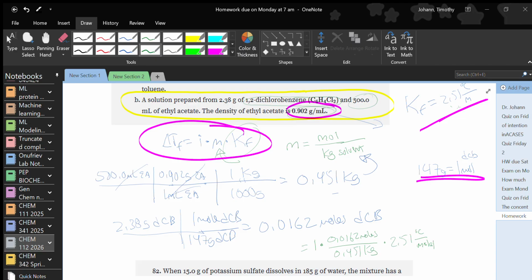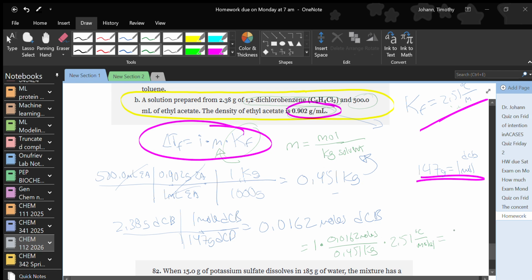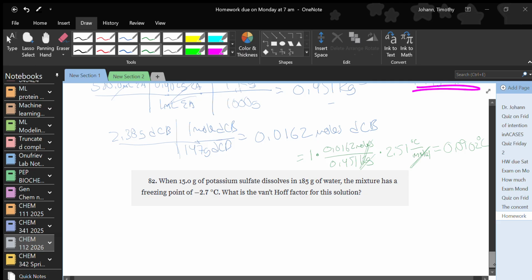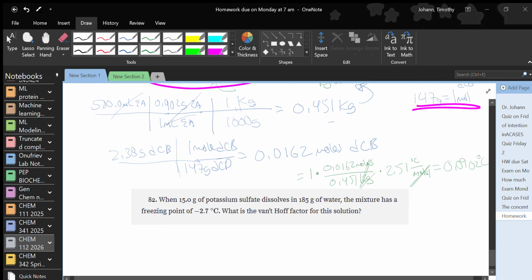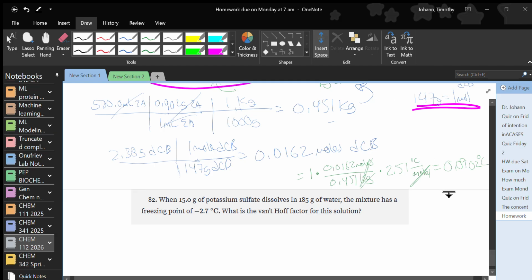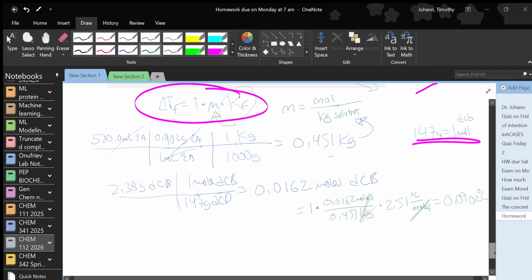Okay, and so what I got out of that was 0.0902 degrees Celsius, right? Kilograms is going to cancel, moles per kilogram is molal, so those cancel, and I'm just left with degrees Celsius. That's how much it goes down. So we're asked for the actual freezing point. Remember, it's freezing point depression.